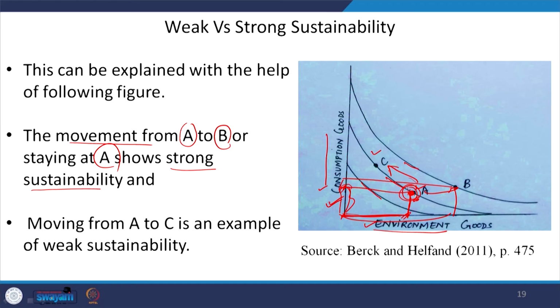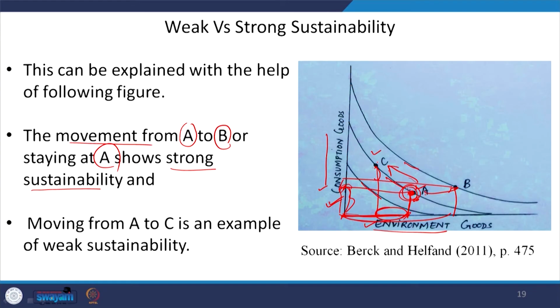However, although the consumer's level of satisfaction is constant, he is sacrificing this level of environmental goods, and he is getting this more amount of consumption goods.